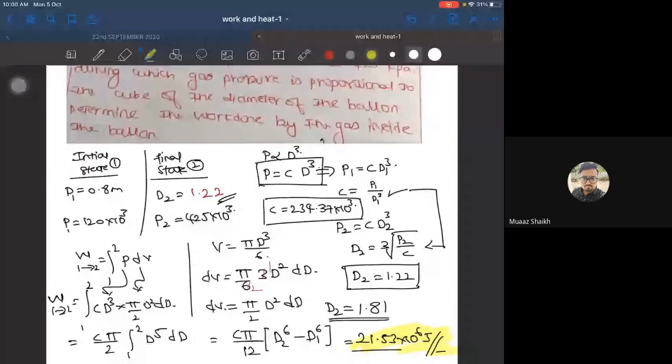Okay, there is one more answer. 186 point, how much? 2. 186.2 into 10 power 3 joules. Kilojoules. Okay, kilojoules. When most of them are getting the same. 186.2 Nashad. Benoy also same thing. 186. Karthik, just check your answer. Okay, sir. I'm going to do it.